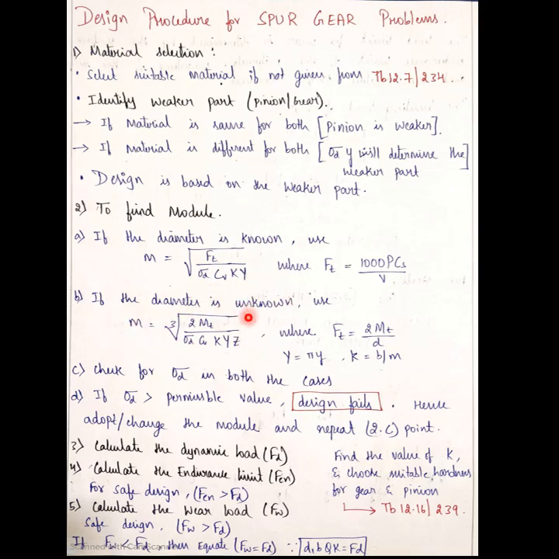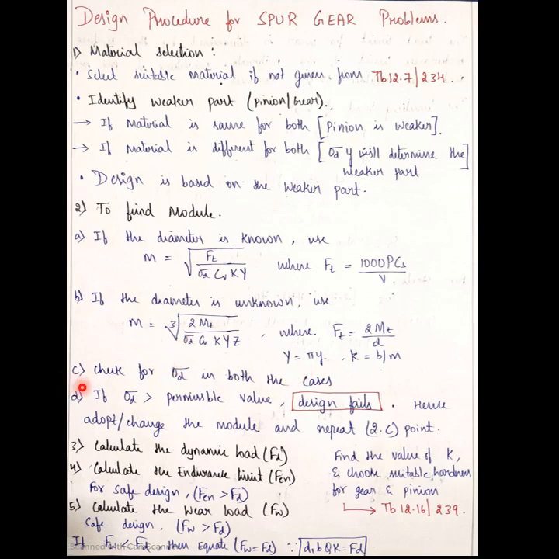In problems where the diameter is unknown, we use this other formula from the data handbook, with respect to y and k. These are the factors we consider from the data handbook to solve for the module.